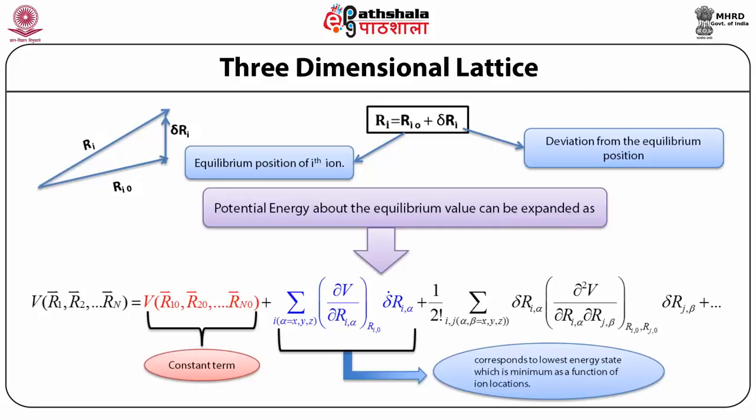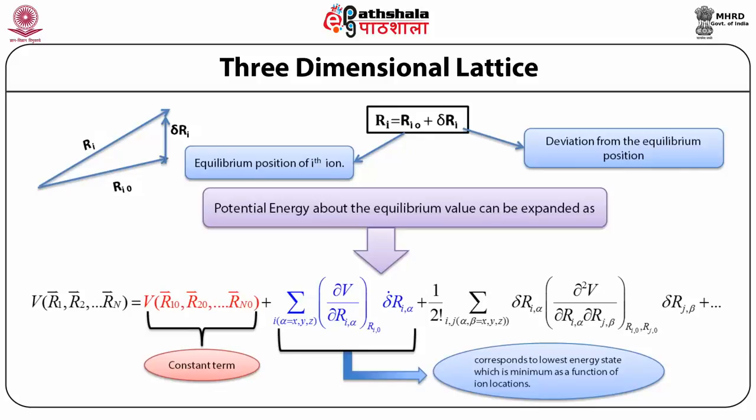It's quite natural. Now if delta Ri is very small, then we can expand the potential energy about its equilibrium value. And remember that this expansion is a Taylor series expansion, which I'm sure you are familiar with.